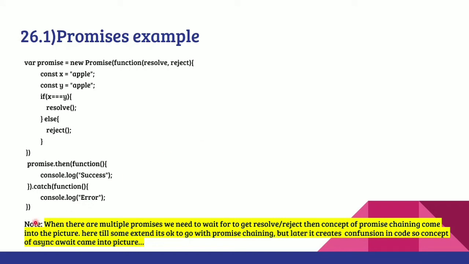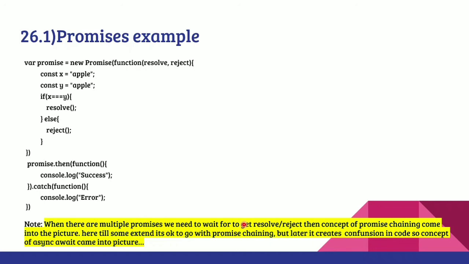Next thing, we will tell the interviewer that when there are multiple promises and we need to wait for one promise to finish before the next, the concept of promise chaining comes into the picture. Suppose on one condition I call one promise. Once that promise is fulfilled, I call another promise. When that promise is complete, I call another promise.